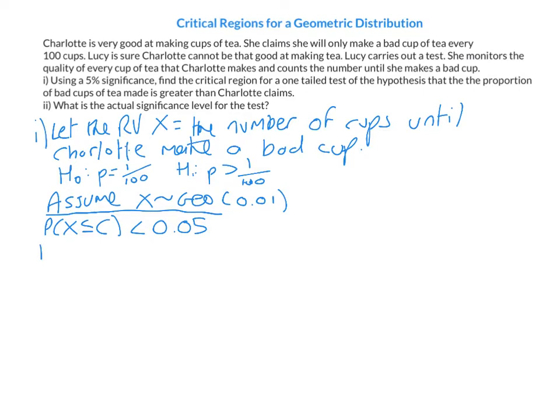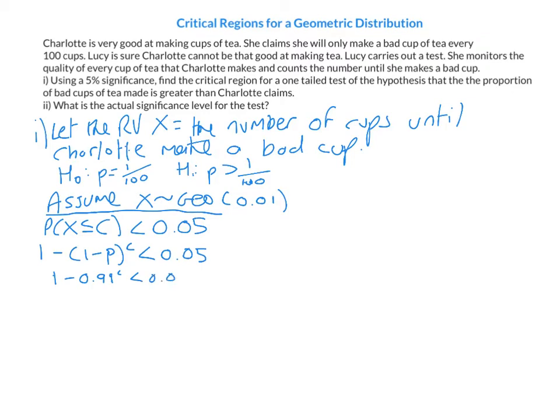So let's have a play with this. That's going to be using our formula 1 minus p to the power of c, where c is our critical value, is going to be less than 0.05. So that is going to be 1 minus 0.99 to the c, since 1 minus p is 0.99.